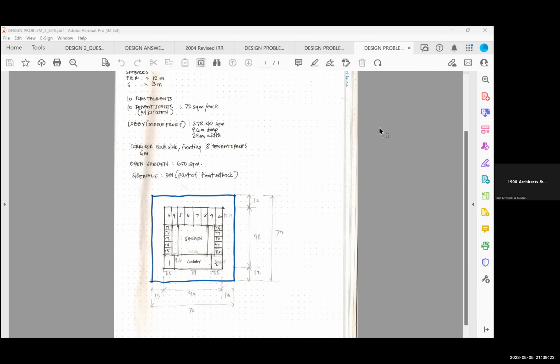For me, I assume the 8 tenant spaces are at the rear. So it makes more sense that the 5 tenants are on the two sides, and that equally gives the 72 square meters.